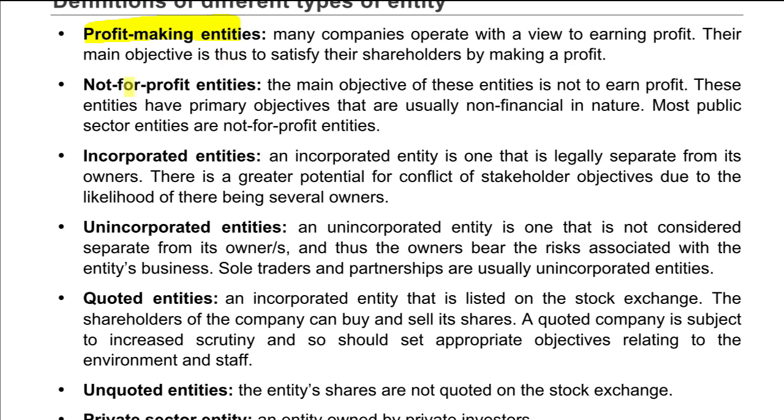And then we've got not-for-profit entities, which might include things like charities. It might include public sector organisations like state-run schools and hospitals. Those organisations don't exist to earn a profit, so in terms of measuring their performance, measuring profit means nothing to those organisations. So we'll have a look at an alternative there known as the value for money framework.